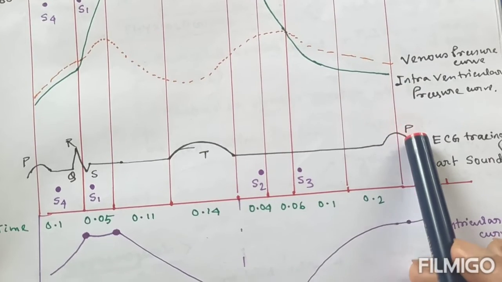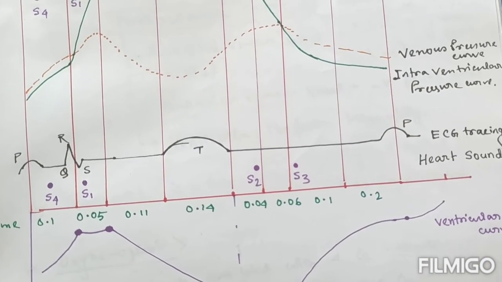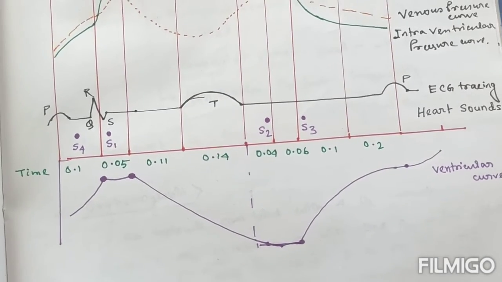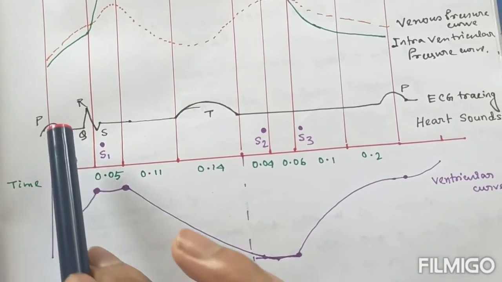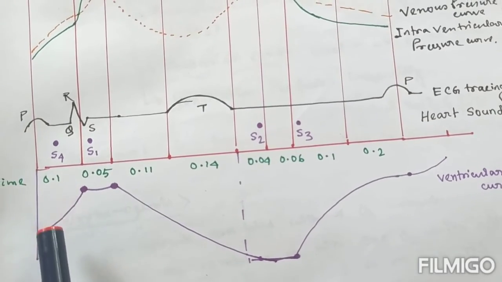And again the P wave is found at the end of ventricular diastole. So this is all about the ECG tracing.